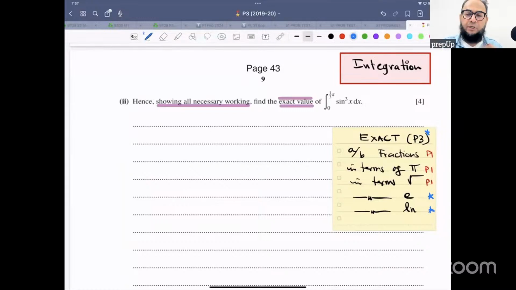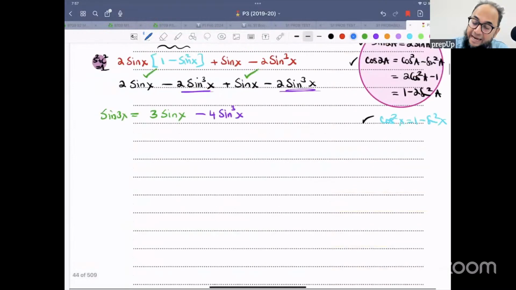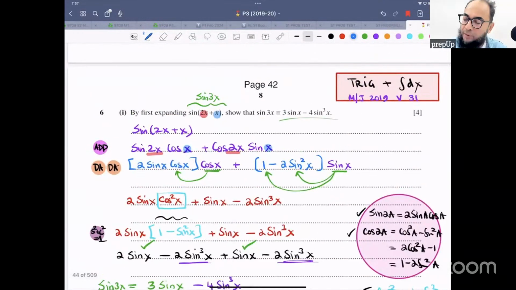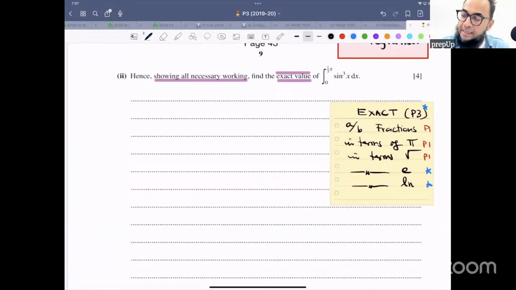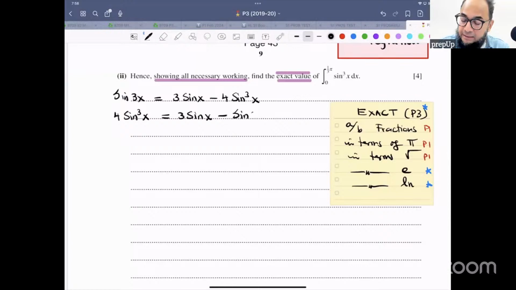Now when they are asking for the answer for this one, they are basically saying to use something from before. We know that sine 3x is 3 sine x minus 4 sine cube x. Let me write over here: sine 3x is 3 sine x minus 4 sine cube x. In other words, taking 4 sine cube x to the other side, that is 3 sine x minus sine 3x.